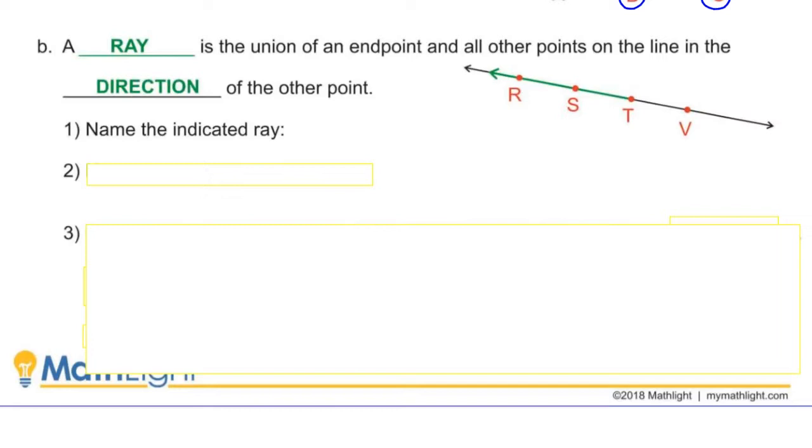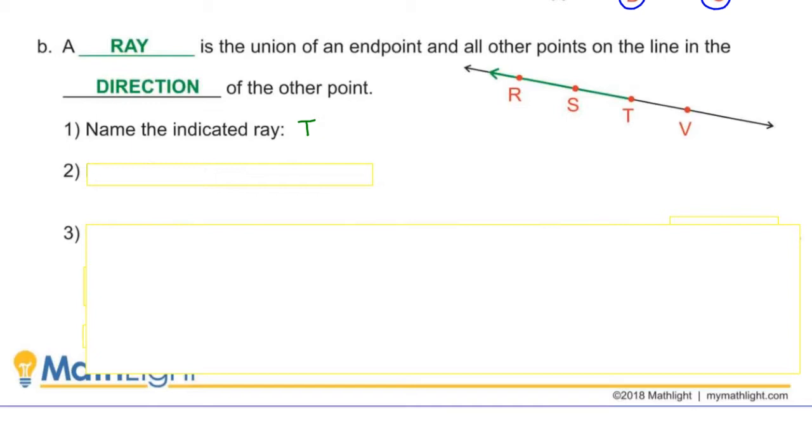All right, pay attention here. We always start with the endpoint. The endpoint is a specific point where, quote unquote, the ray really starts. I know it's called an endpoint, but think about a line segment. So point T is where the ray starts. And what direction does the ray go in? It goes in the direction of what point?